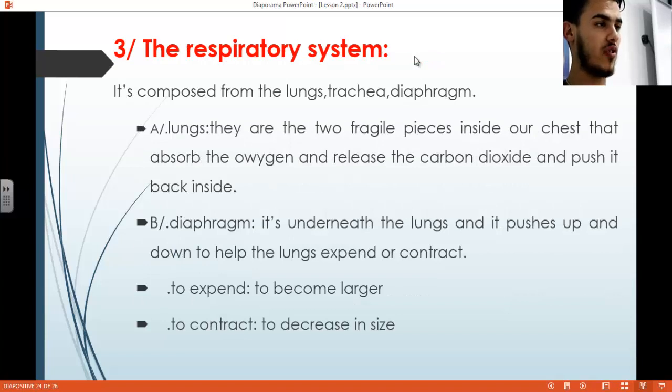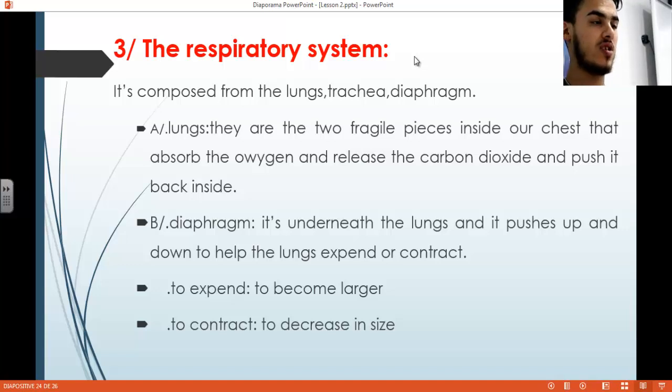Moving now to the third system, which is the respiratory system. It is composed of the lungs, trachea and diaphragm. Lungs, they are two fragile pieces inside our chest that absorb the oxygen and release the carbon dioxide and push it back outside. We have also the diaphragm. It is underneath the lungs and it pushes up and down to help the lungs expand or contract.